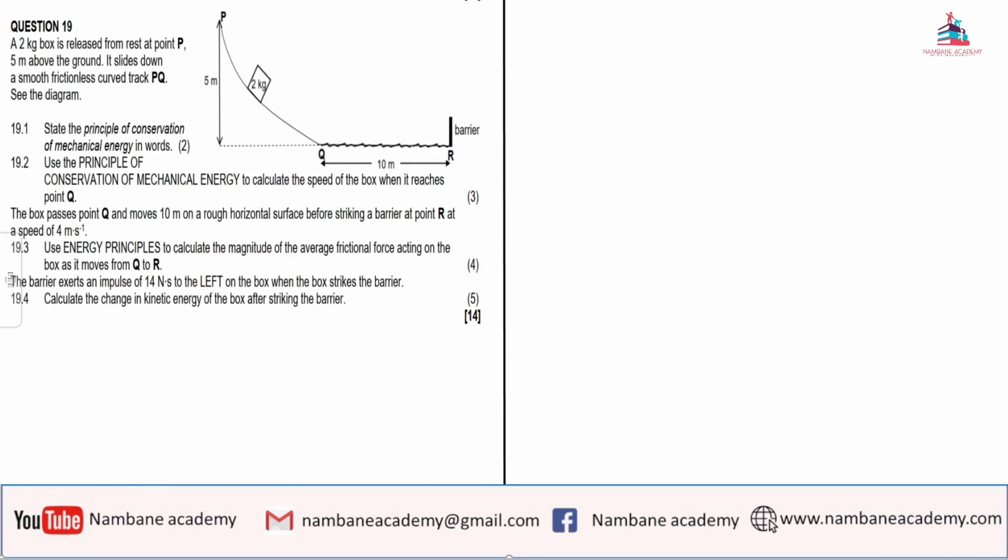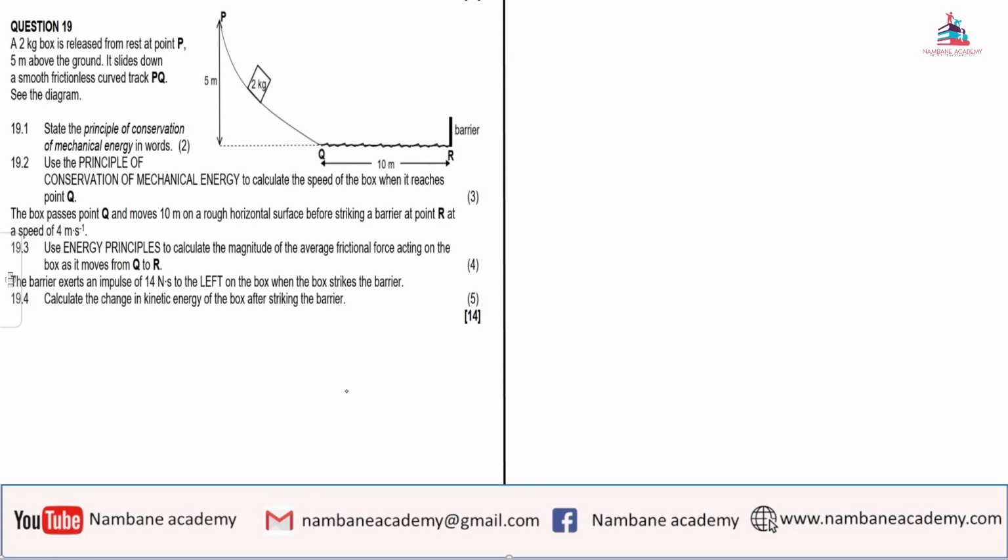Without wasting any time, then let's get to explain. I see most of you attempted it the right way, but I think the challenge was now at 19.4 and 19.3. Let's not waste time. It says a 2 kg box is released from rest.